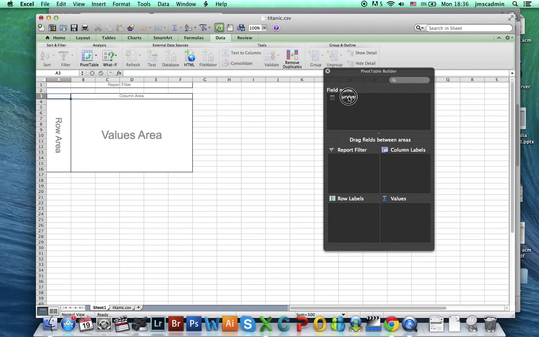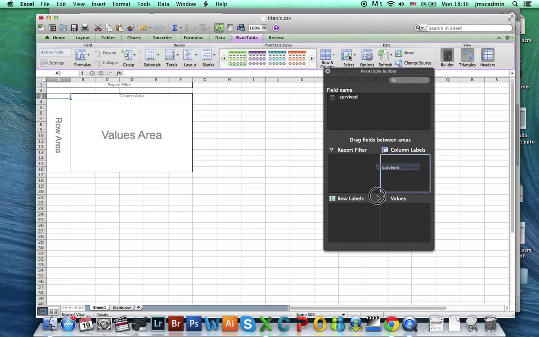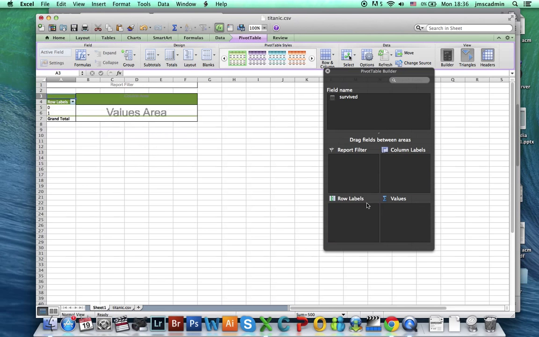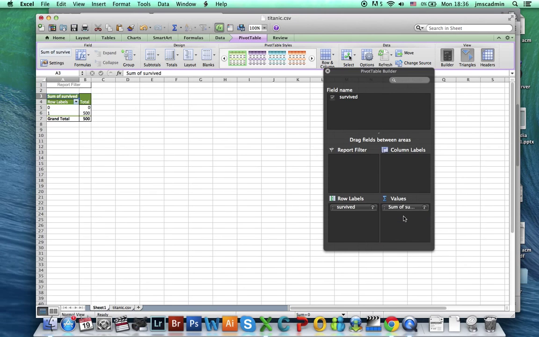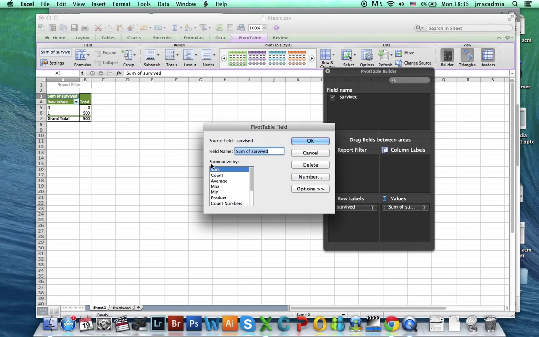And you can just drag the survive in the row labels, and then drag this one as well. But we are not wanting it to be the sum, we just want it to be the count.